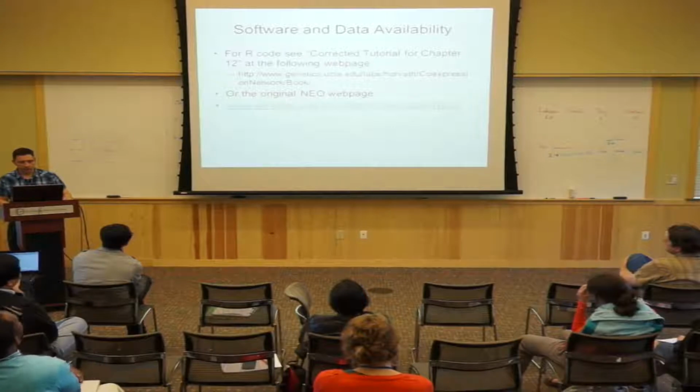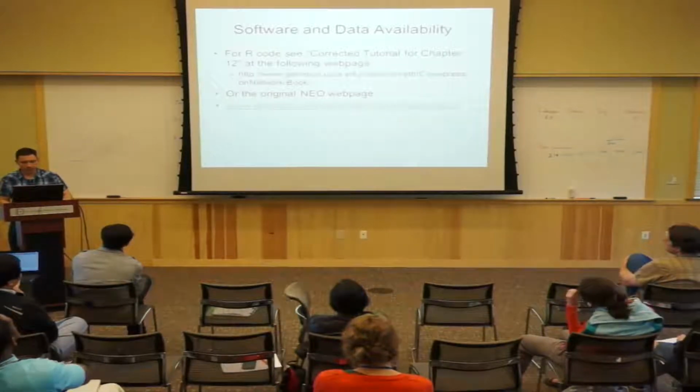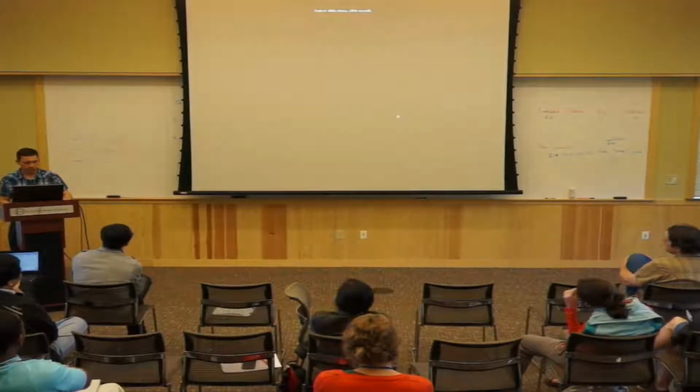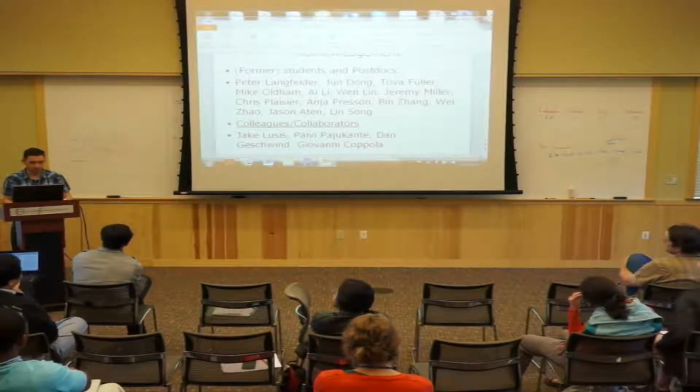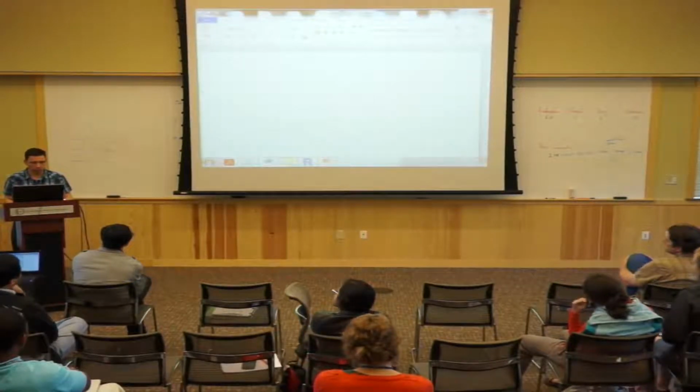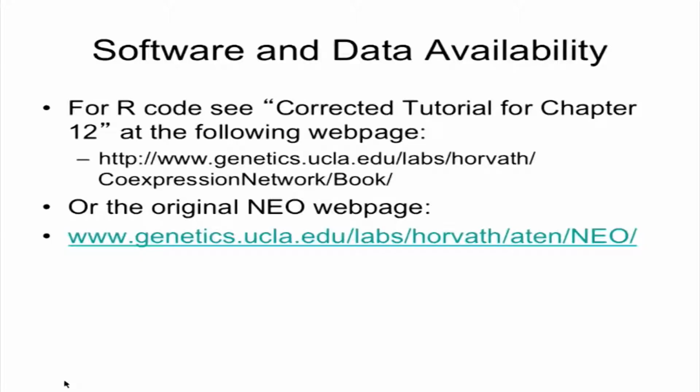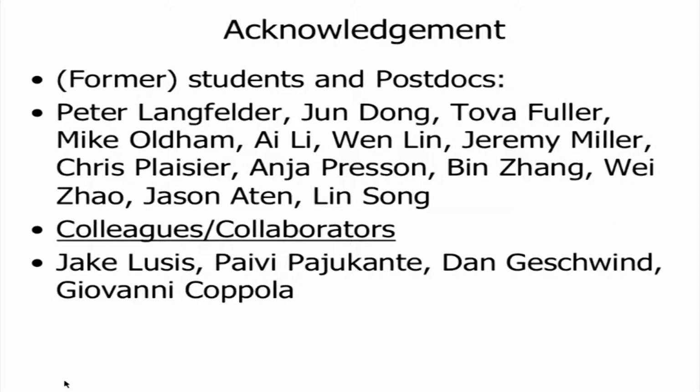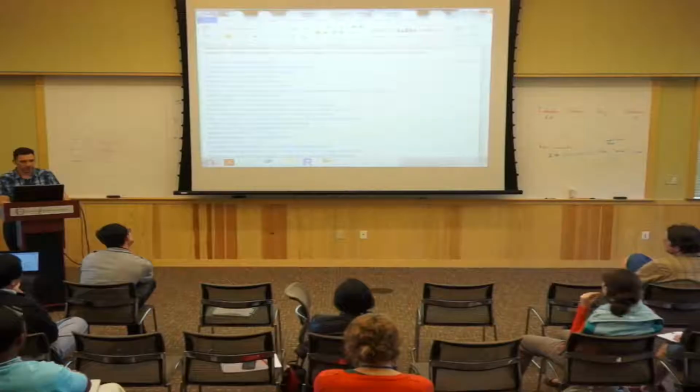So we have a web page for the NEO software where you can download the software, but what I will do is briefly go back to the tutorial that we discussed earlier, the WGCNA tutorial. You've seen it before, and there is a section that we skipped earlier, which is called network edge orienting.